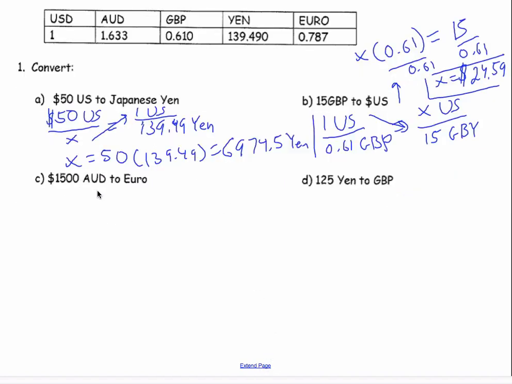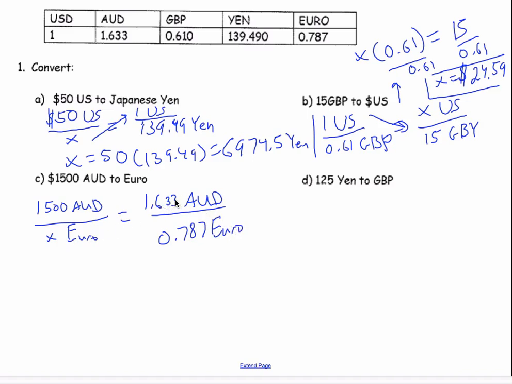Okay, next, we have 1,500 Australian dollars, and you want to convert that to euro. So 1,500 Australian dollars to X euro is going to be equal to, well, here we have 1.633 Australian dollars is equal to 0.787 euro.